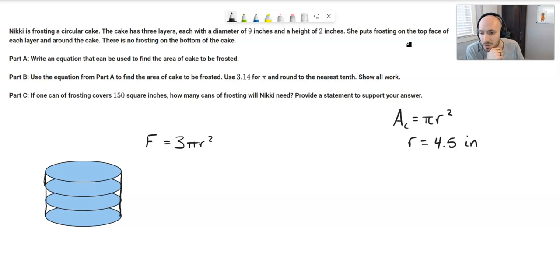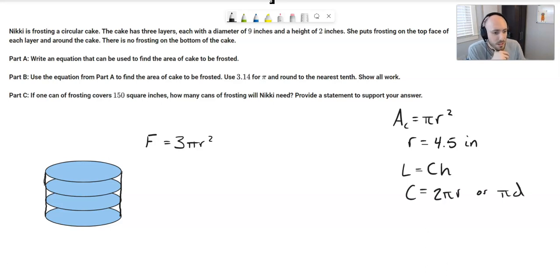Now I need to find the surface area of the sides of the cake, which is also called the lateral area. The lateral area, as we remember, is the perimeter of the base times the height. We're working with a circle here, so the perimeter is actually the circumference. So I'm going to say circumference times the height. We remember that the circumference is either 2 pi r or pi times the diameter, and either one of these formulas will work.